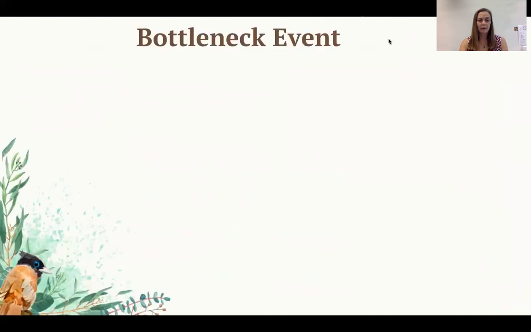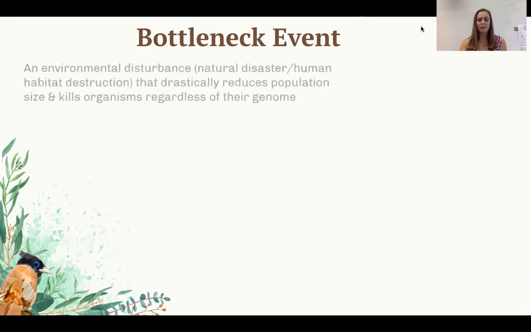Okay, let's talk about bottlenecks. So when we talk about a bottleneck event, we are talking about some event that drastically reduces population size, and that's going to kill off a lot of the organisms. And it's not about their genetic abilities, it's just whatever that environmental disaster was, it kills off lots of the organisms.